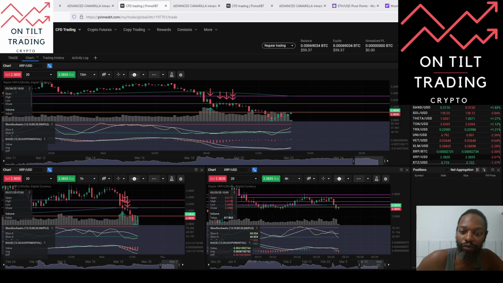This is R4 up here. This is R3 here. And we can see Ripple made the traverse here, consolidated, sold back off, and then made the move down below the S4 level. Same thing here on the 60-minute. We can see an elevated volume profile.